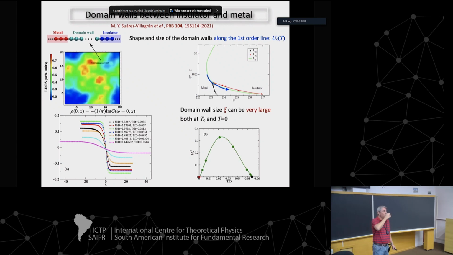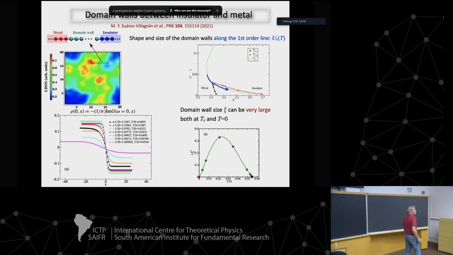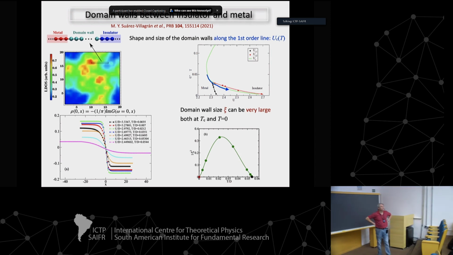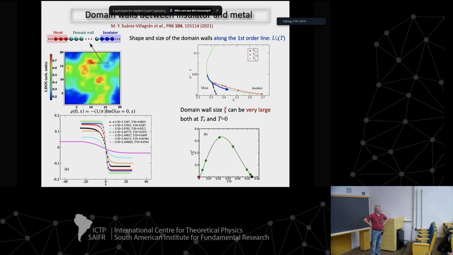Yeah, thanks. I actually just wanted to add something to what Raphael said, because in the kappa organics, we actually measured exactly what Raphael was pointing to. We had measured the lattice effects across the Mott transition and have shown, first of all, that the lattice softens enormously across the Mott transition, and that if we describe the lattice effects, we get mean field behavior because of this coupling to the lattice.